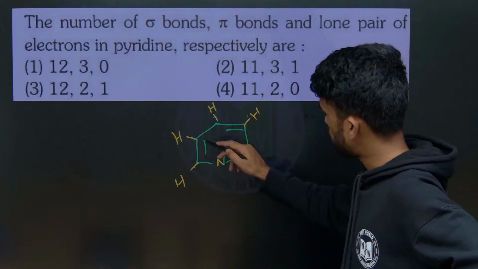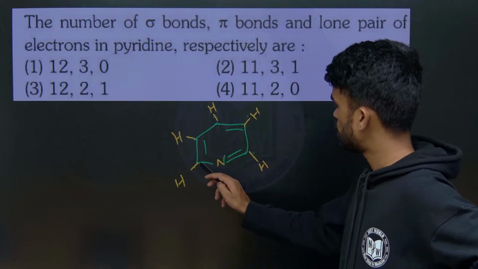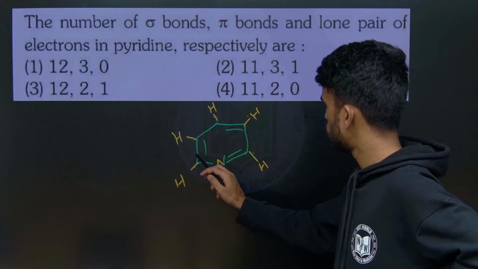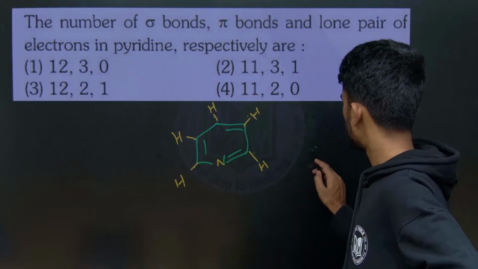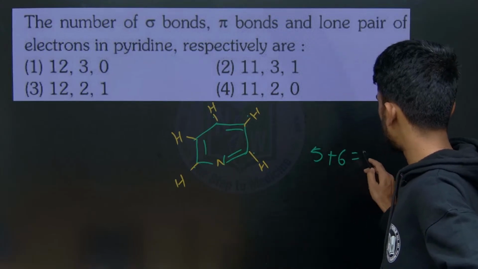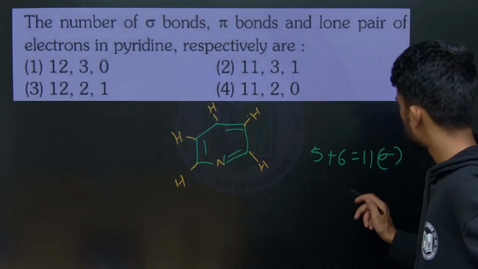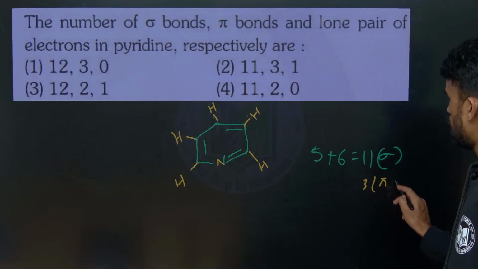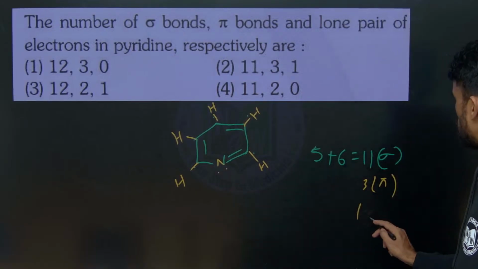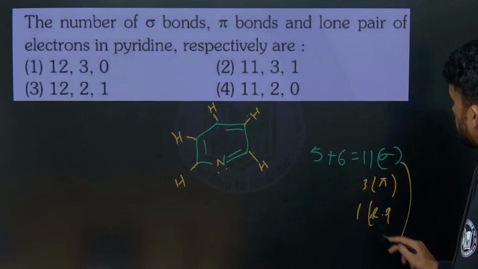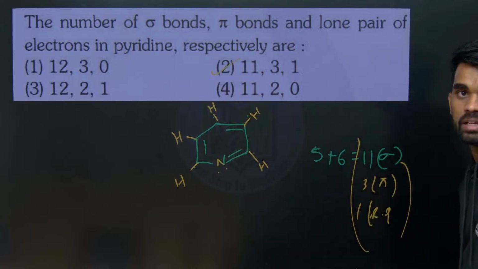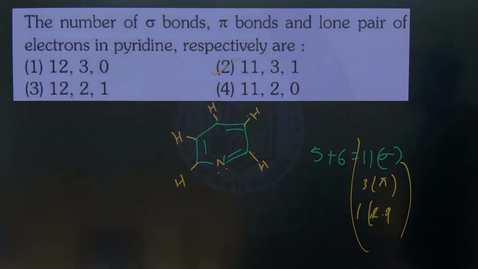So 5. Between each carbon, and between nitrogen and carbon, also 1, 2, 3, 4, 5, 6. So first 5, now 6. Total 11 sigma bonds. Now how many pi bonds? 1, 2, 3. So 3 pi bonds, and one lone pair on this nitrogen. So do we have any option like this? 11, 3, 1. I hope it is clear without any confusion.